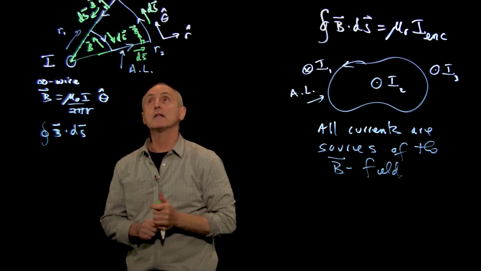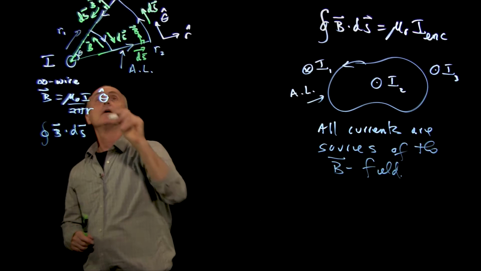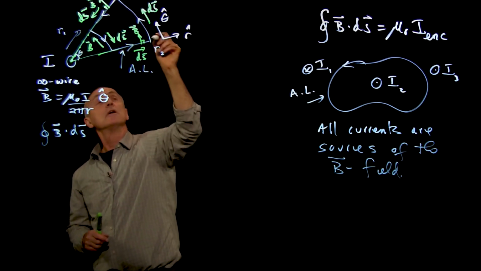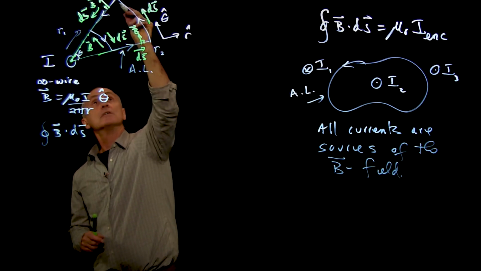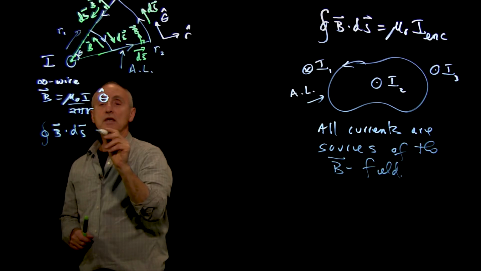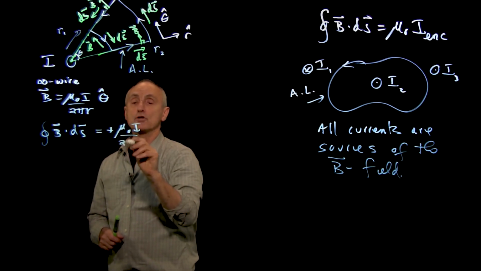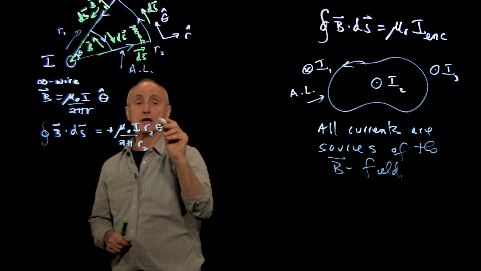And now let's look at it: if we call this some angle theta, then since B is tangent, the length of the leg is just the arc length, which is the radius times the angle. On the positive leg, we get mu naught I over 2 pi, we're a distance r2 away, times r2 theta.